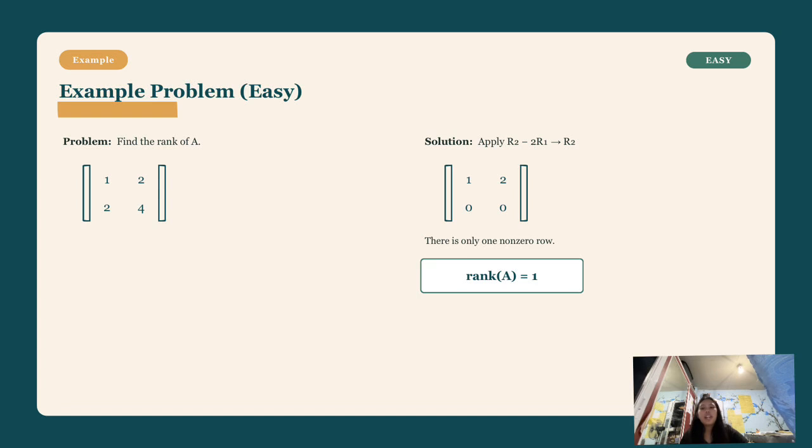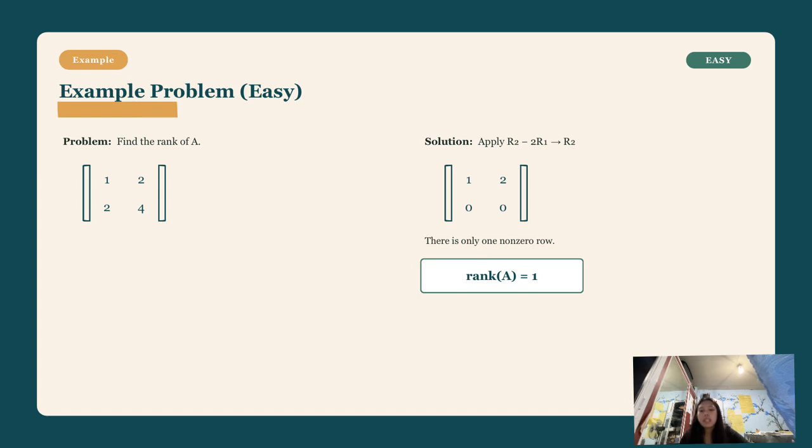So we have here an example. Now let's apply what we have learned. Our matrix is [1, 2; 2, 4]. Notice that the second row is simply twice the first row. To verify this, we perform the row operation: row 2 minus 2 times row 1.